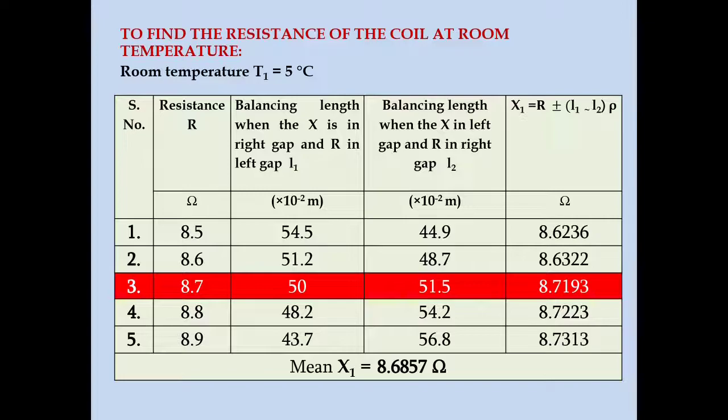We got the null deflection at 50 for the resistance of 8.7. When we interchange it, the balancing length comes out to be 51.5, and for that value the corresponding resistance is 8.7193, which is corrected to the fourth decimal.